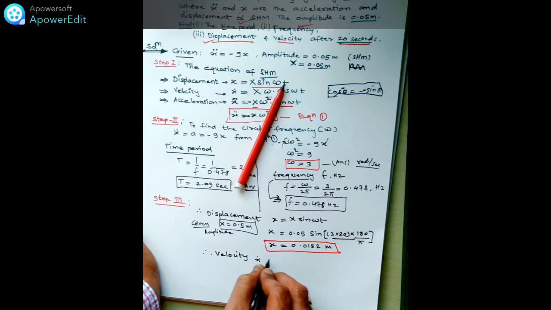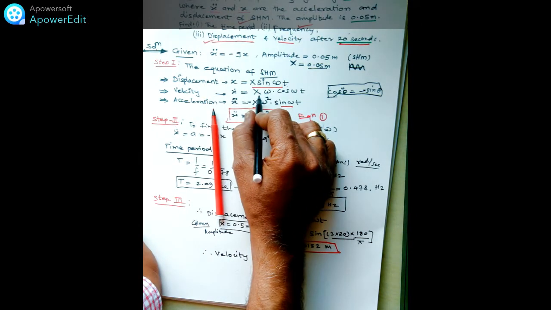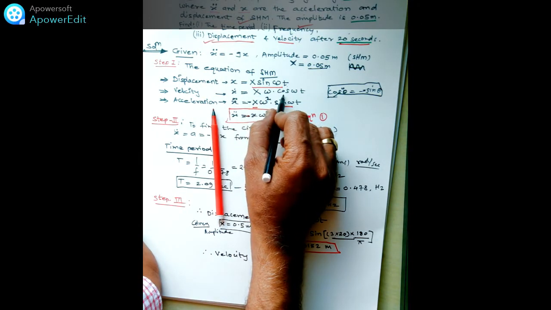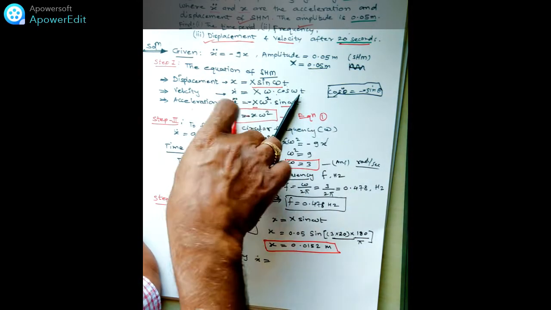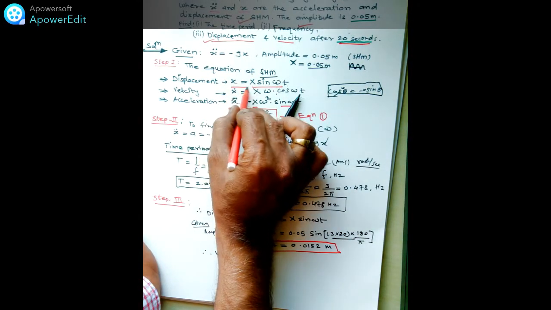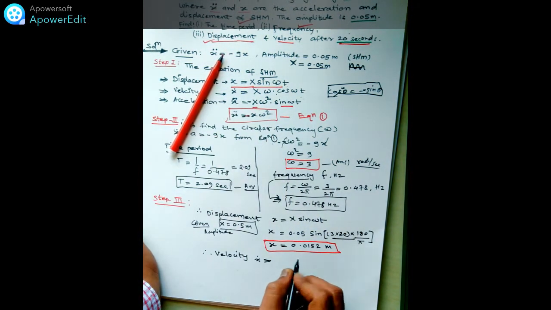Now that we have calculated the displacement, we are going to find the velocity. x dot equals amplitude into omega into cos omega t. We obtain this equation by differentiating the equation of displacement. So here, x into omega cos of omega t.